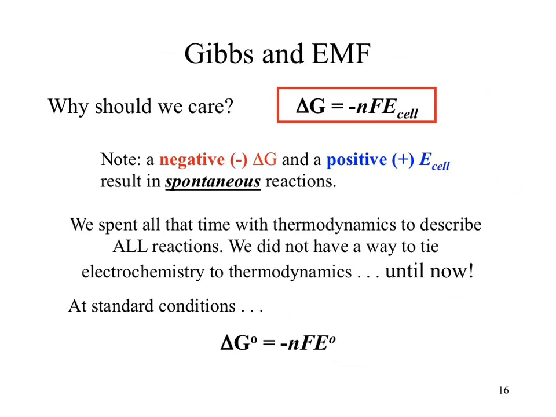Our cell potential theory, we decided we wanted to be positive. To make that mesh with our Gibbs free energy, in the course of putting that equation together, we have to incorporate that negative sign. At standard conditions, we get a very similar equation. We just get delta G naught equals negative nFE naught. Questions about those relationships?